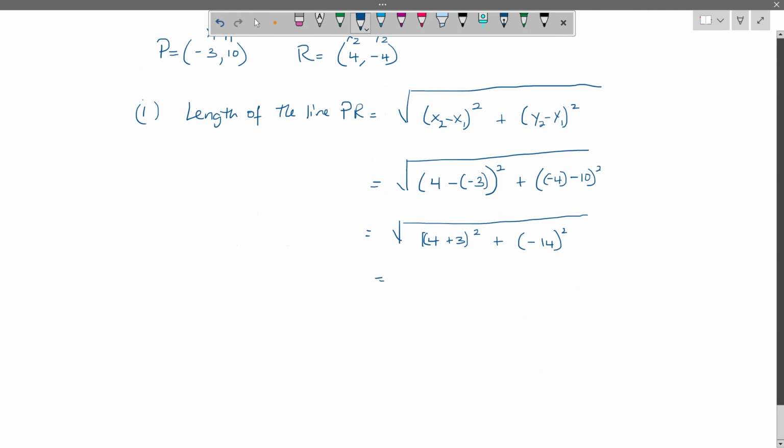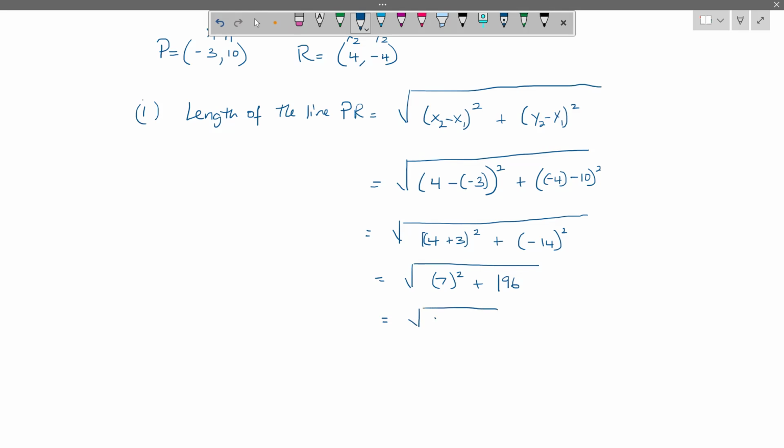Right? That works out to be 7 squared plus, on my calculator, 14 squared is 196, and 7 squared is 49.